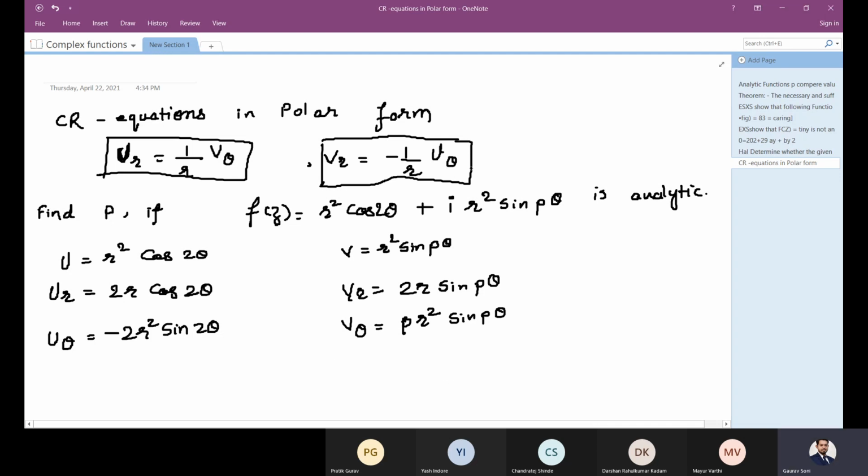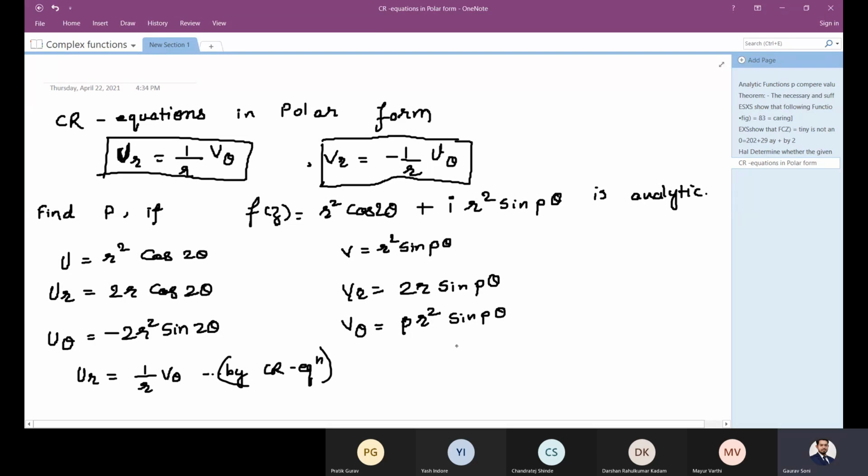So vr and u theta. So ur is equal to 1 upon r v theta by CR equation. So I will put the values in this.